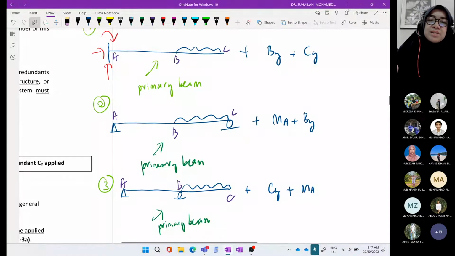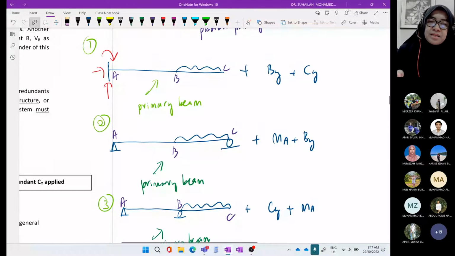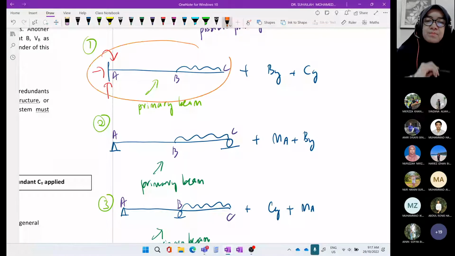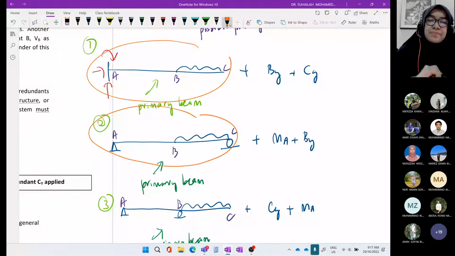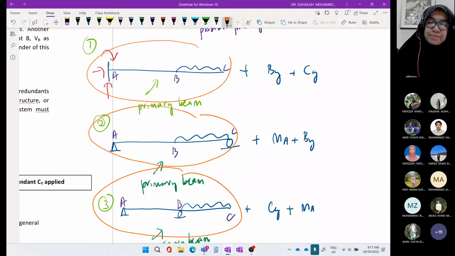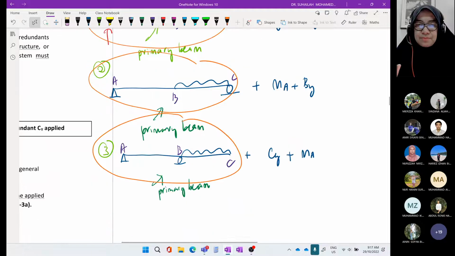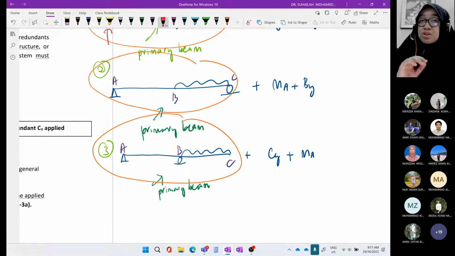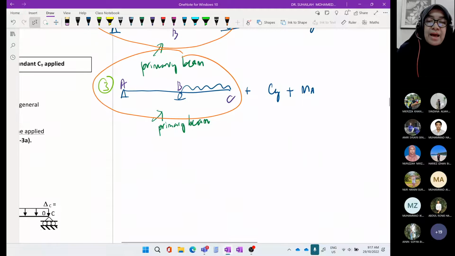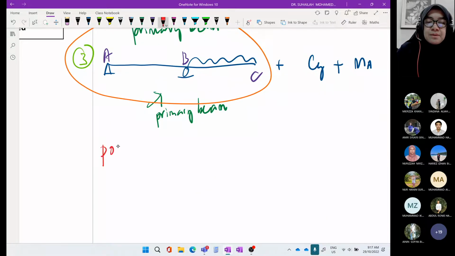These 3 diagrams are called possible primary structures. The term representing these 3 diagrams is called possible primary structure.